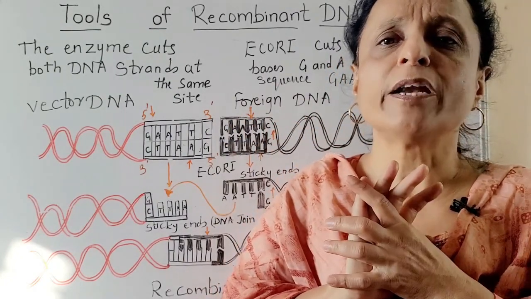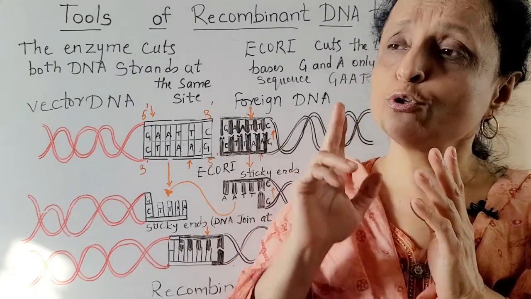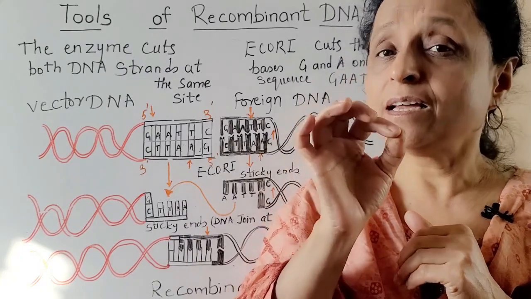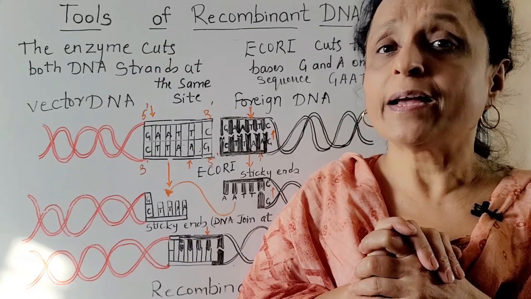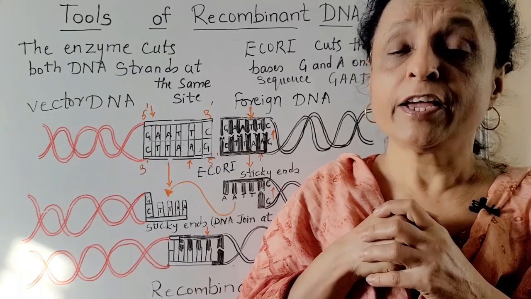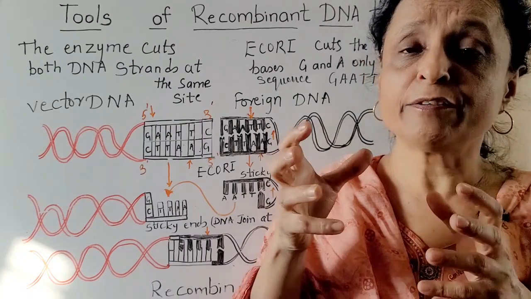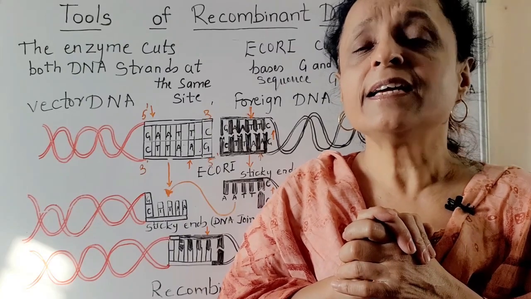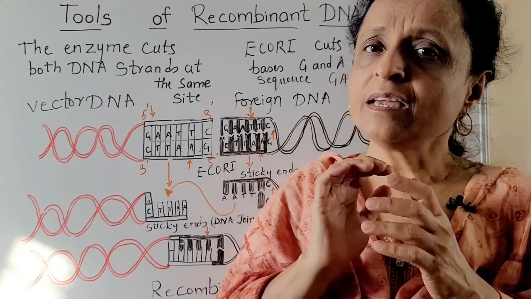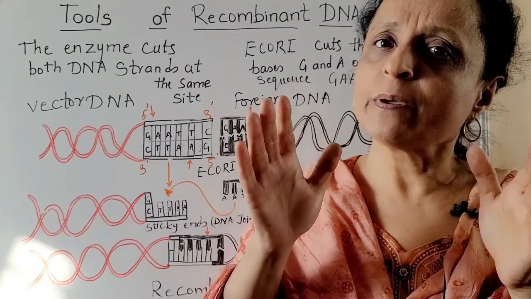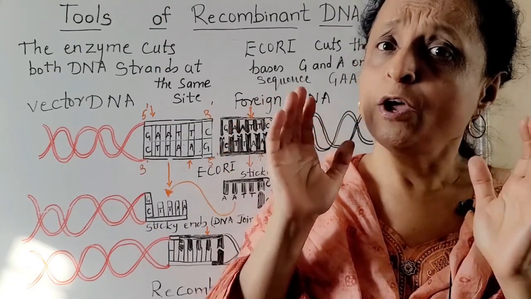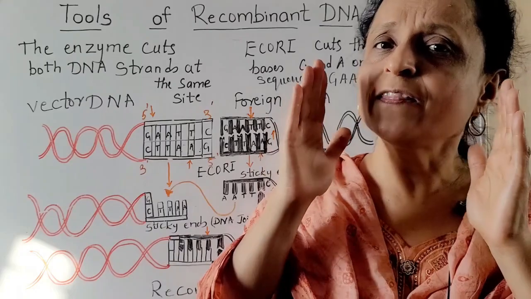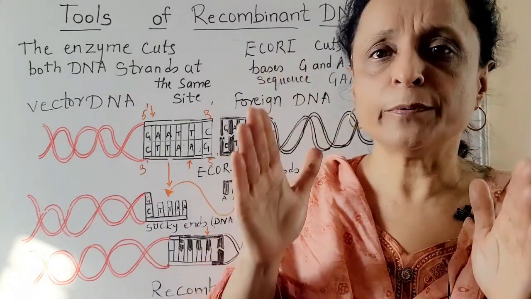Now these enzymes are taken from the bacteria Haemophilus influenzae. Scientists realized that these restrictive enzymes recognize a sequence of six base pairs of DNA, inspect the sequence, and then give a cut at a particular position.